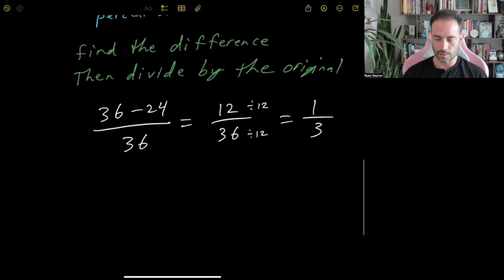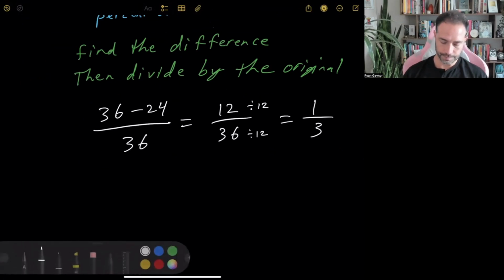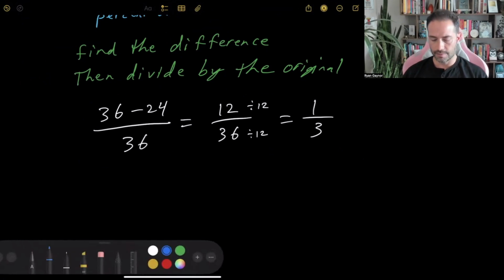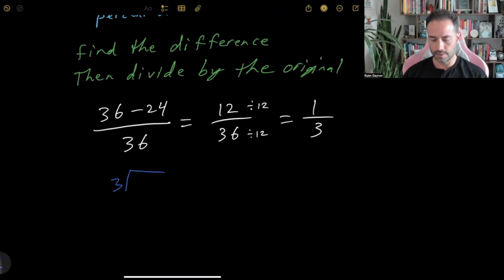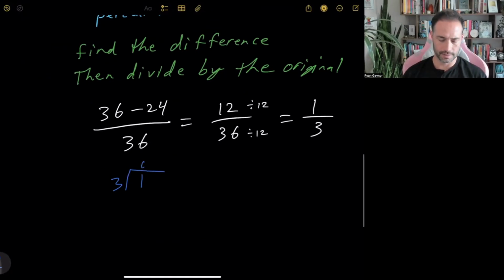Okay, so we'll do long division. And we have 3 going into 1. All right, so how many times does 3 go into 1? 0. We put a decimal. We put a 0 and pretend that that's a 10. How many times does 3 go into 10? 3 times. 9. Again, I'm pretending that's a 10.